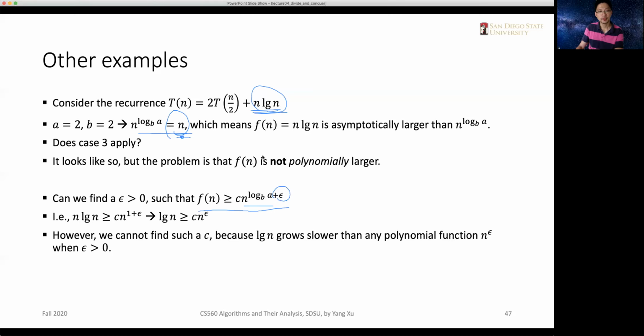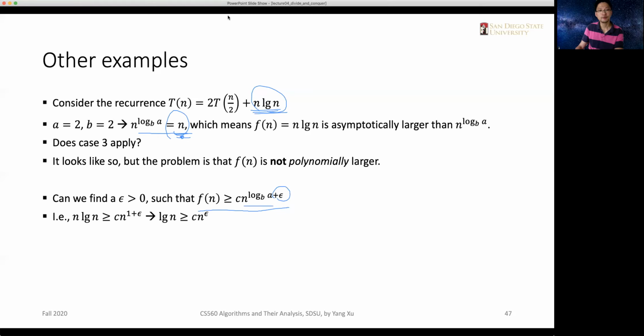Because if we can find some constant, some epsilon, such that the function on the left is greater than the function on the right, then we can eliminate n, which results in a logarithm function being greater than some polynomial function, which could never be satisfied.